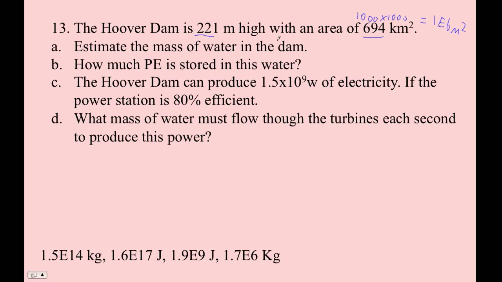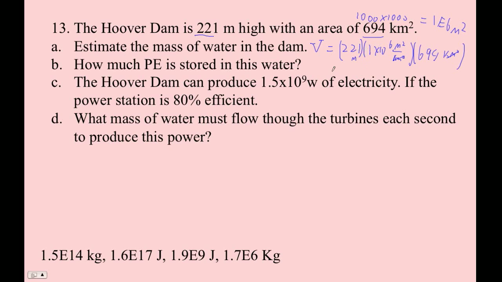And so I do believe the volume of water behind the dam is going to be 221 times 1 times 10 to the 6th square meters per square kilometer, and then times 694 square kilometers. Square kilometers will go the way of the bison. We'll have square meters times meters, which gives you cubic meters, right?